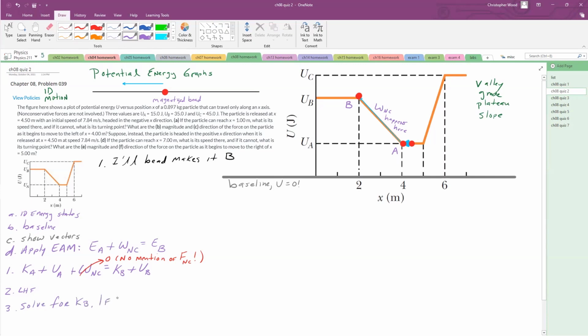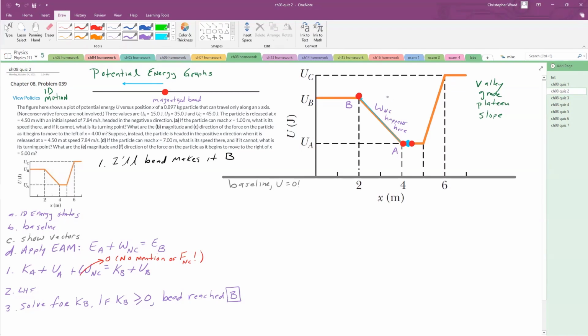If K sub B is greater than or equal to 0, my little red bead reached point B. So maybe my little red bead just makes it to point B and completely runs out of gas, but it made it to the top. Maybe it makes it to point B and has some leftover energy and keeps going, or maybe it falls short.